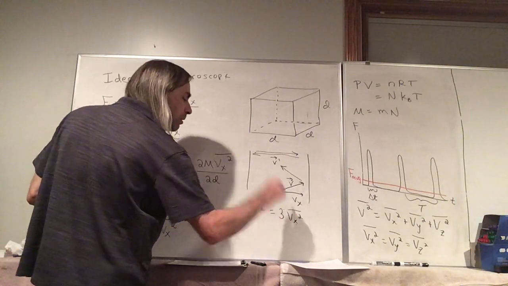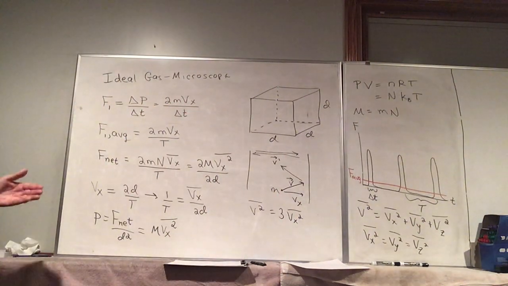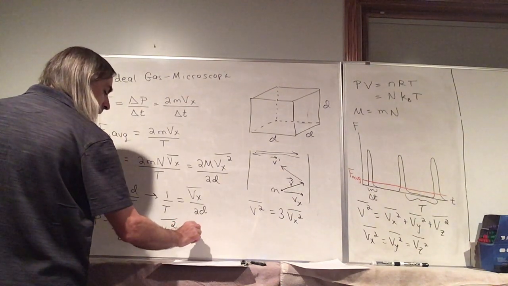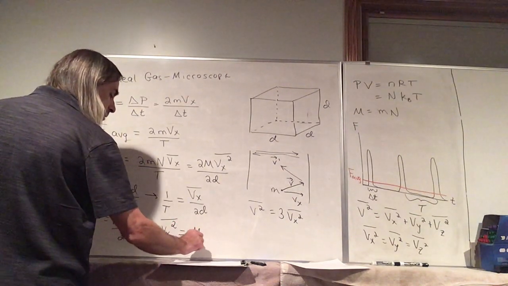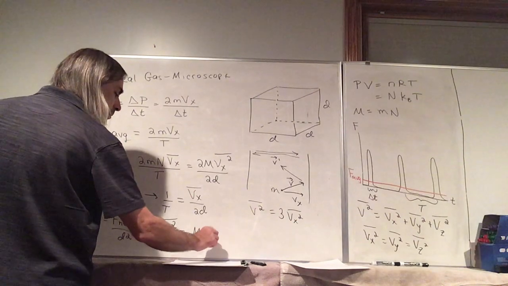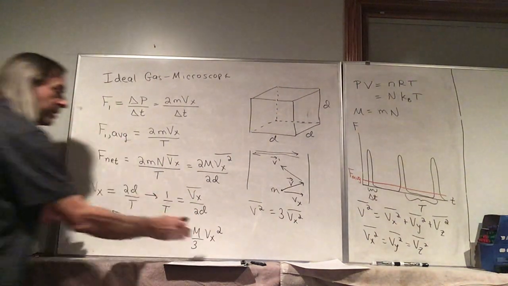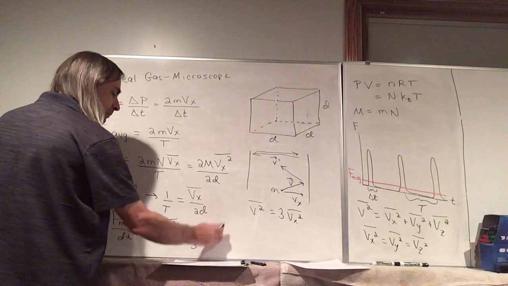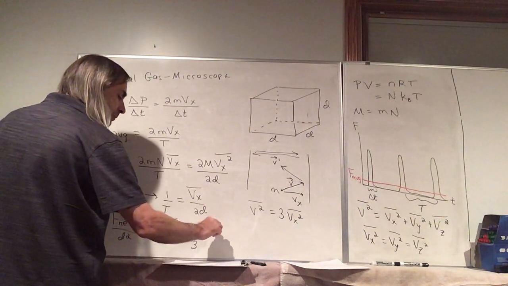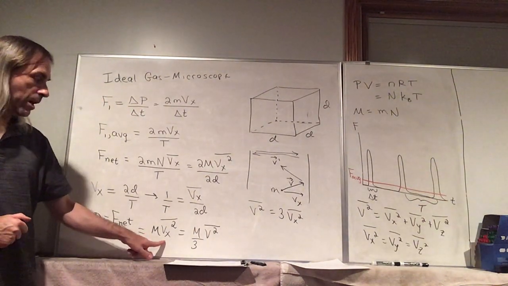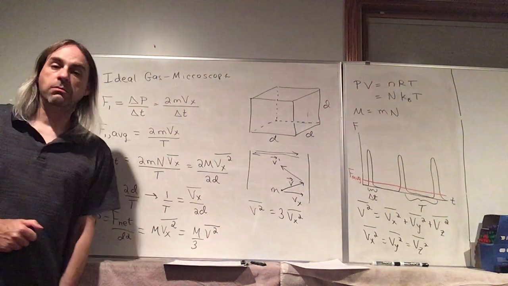And so we can write, v squared is 3 times vx squared. And so if we plug that in here, we have m over 3 v squared. So we replaced vx squared with 1/3 v squared.